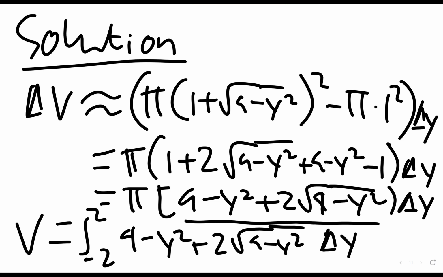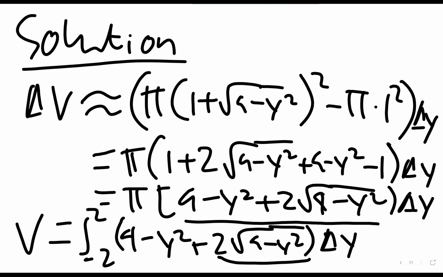Of course, the question can stop up to this point, but you may calculate the integral as well. For the integral of 4 minus y squared, just find its antiderivative. The second integral will be 2 times the integral from -2 until 2 of square root of 4 minus y squared.